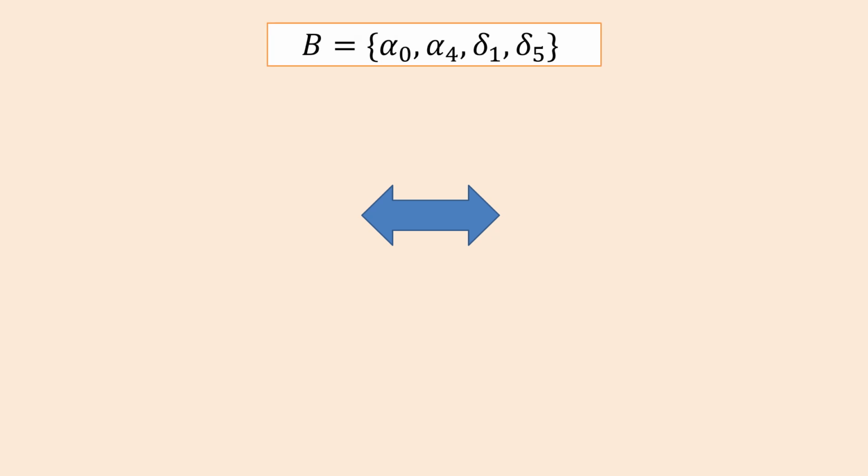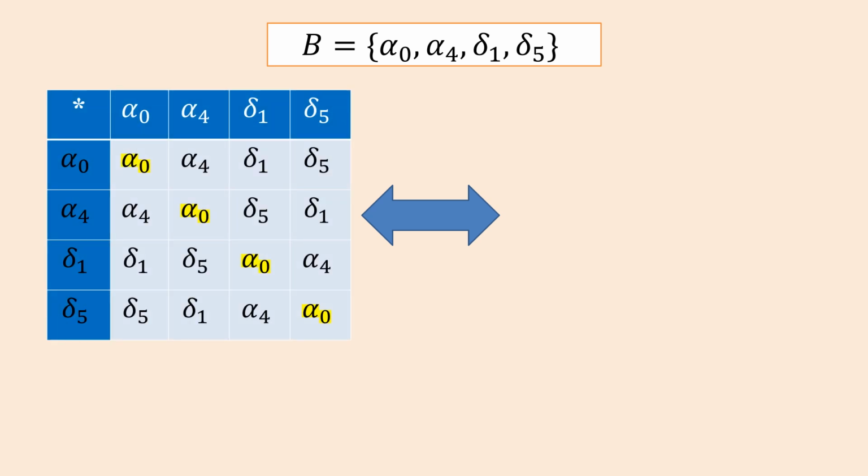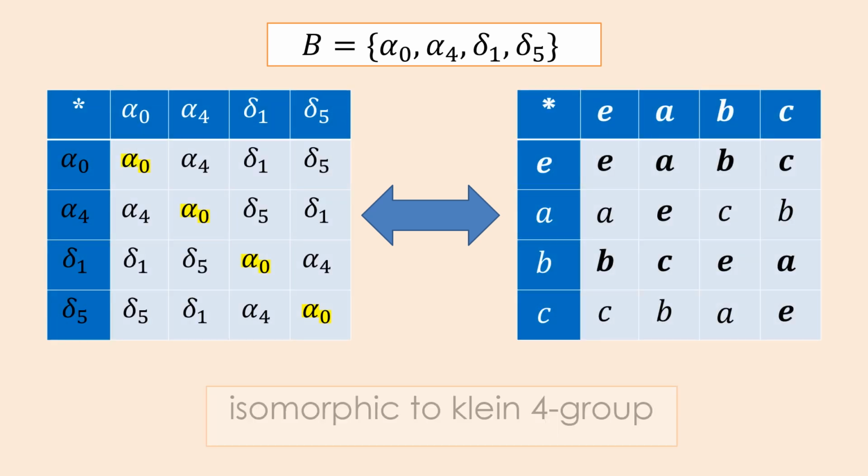So let's check if our first discovered subgroup has a group structure, which requires that it is closed, associative, has an identity element, and has inverse elements. As we can observe, our first subgroup B is isomorphic to the Klein 4 group. Therefore, our subgroup is a group.